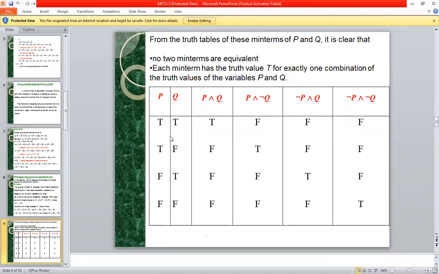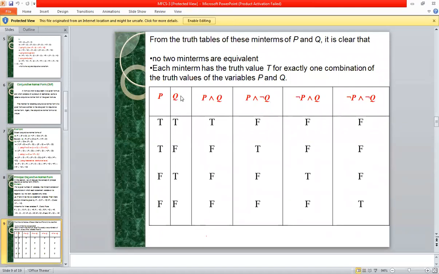Okay, so let us consider an example. P has truth values true, true, false, false. Q has truth values true, false, true, false. P and Q is one minterm, P and negation Q is another minterm.